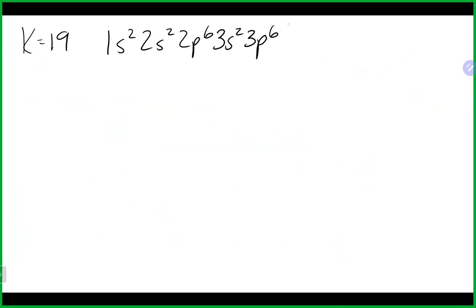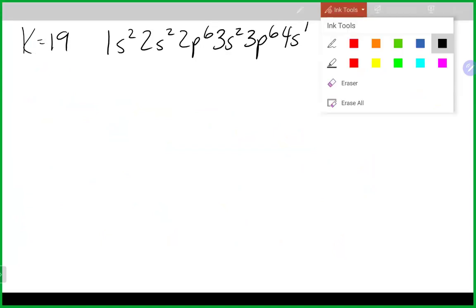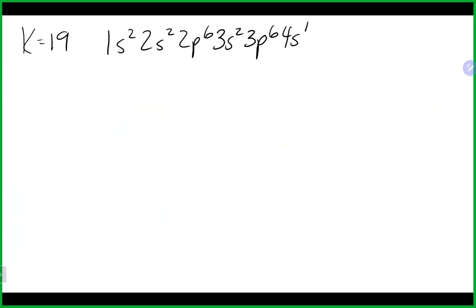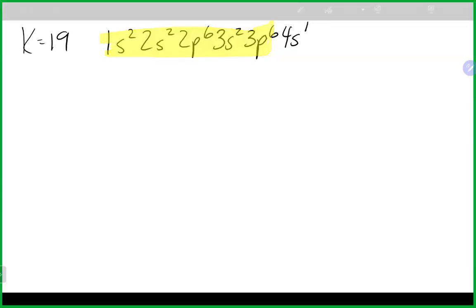All right, let's take a look at number 19, which is potassium. If we look at potassium, we've got 1s2, 2s2, 2p6, 3s2, 3p6, and 4s1, right? As we just saw a second ago, if we take this part of the configuration here, that is 18 electrons.